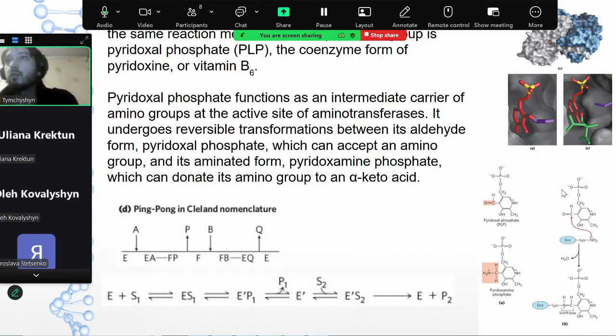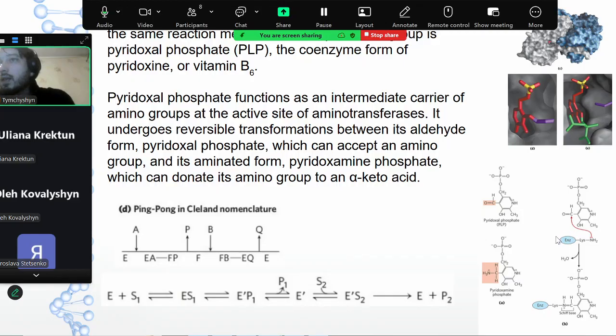And here are some more details on the biochemical mechanism. Here you see the pyridoxamine phosphate and pyridoxal phosphate, PLP. What happens here: you see here the nitrogen atom is attached, here there is no nitrogen atom.